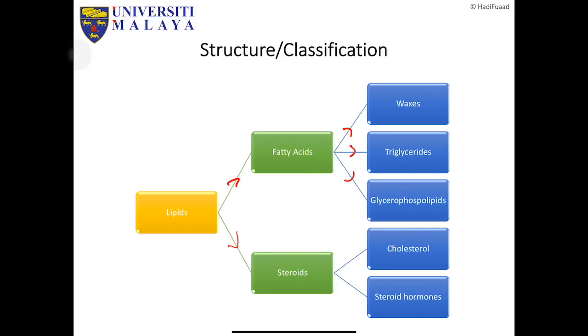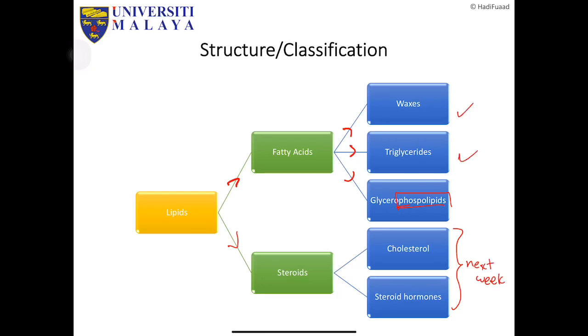Depending on what journal or literature you are following, it can be as few as three and as many as five, because some say glycerophospholipids fall under phospholipids, which is our cell membrane, and some say it's a separate entity, but it doesn't matter. What I'm using today is I'm going to divide fatty acid into three and steroids into two, which we will cover next week.